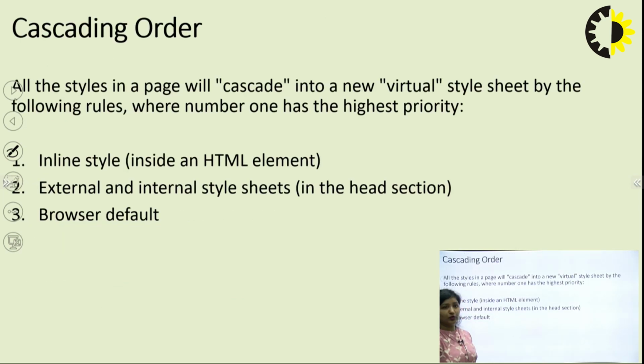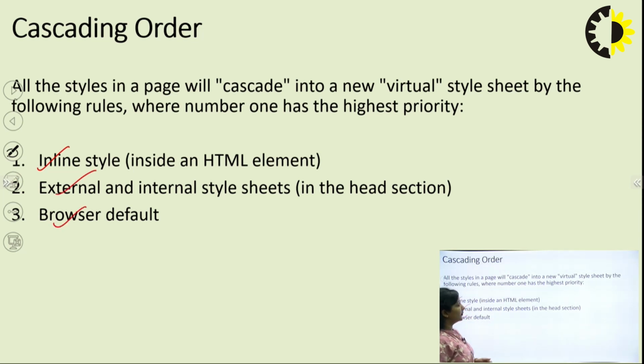The cascading order will be decided. All the styles in a page will be cascaded into a new virtual sheet by various rules. Now what are the rules? Rule number 1 is that the inline style, which is used inside the HTML element, will be used. Rule number 2, the external and internal style sheets, included in the heading section, and then the browser default will be used.